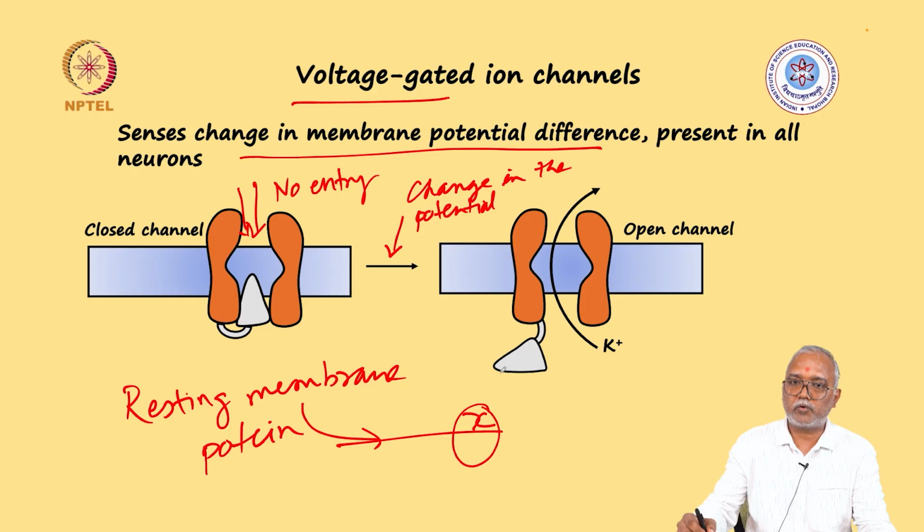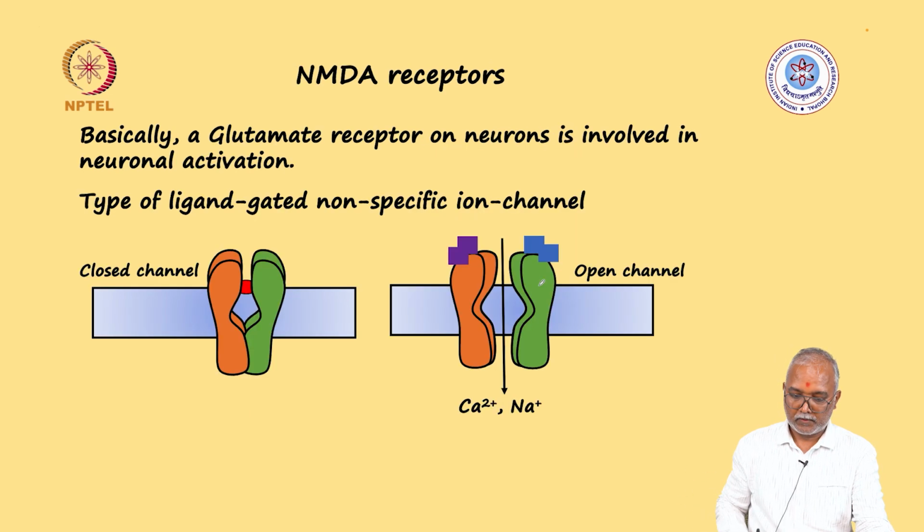What happens is that the block which was there, which was blocking the entry of ions, is now moved to a new conformation, and this opens the channel and allows ions to move out and thus respond to these voltage differences, maintaining the voltage difference back to normal.